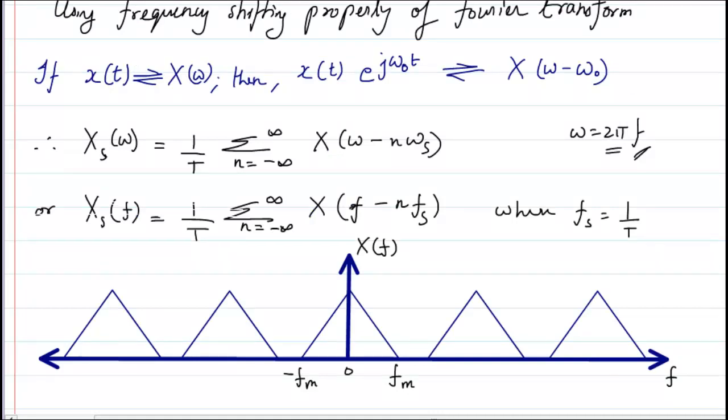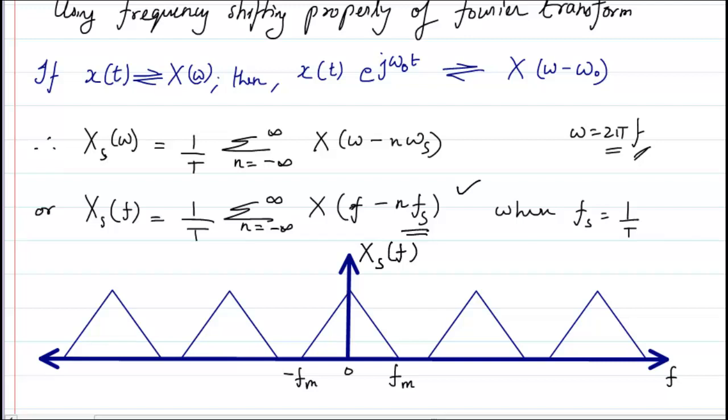Like this. So now we will say this is the spectrum for Xs(f), the equation that we have written here, wherein the original triangular spectrum that we have seen, we have now drawn multiple copies, based on the value of n·fs.